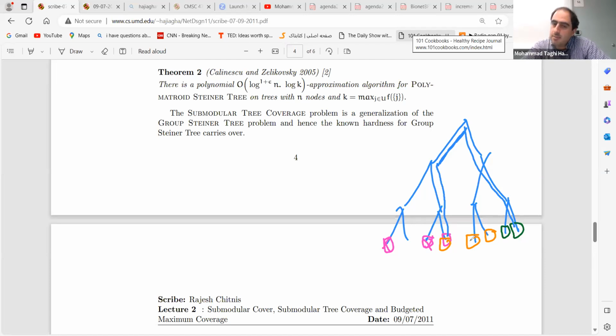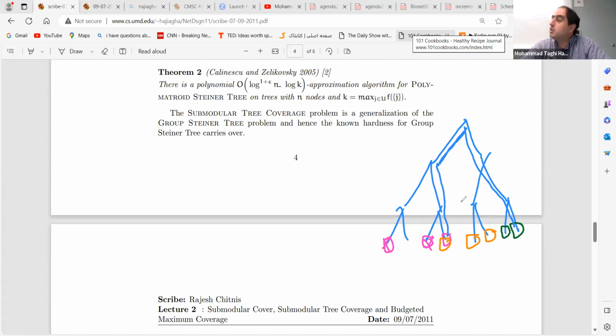And a terminal set contains a set of these leaves. You want to buy a set of edges here, such that from each terminal set, at least one of them is connected. So here, for example, from the purple, from this brown, and from this green, I have connected all. And you want to find the one with the minimum cost.